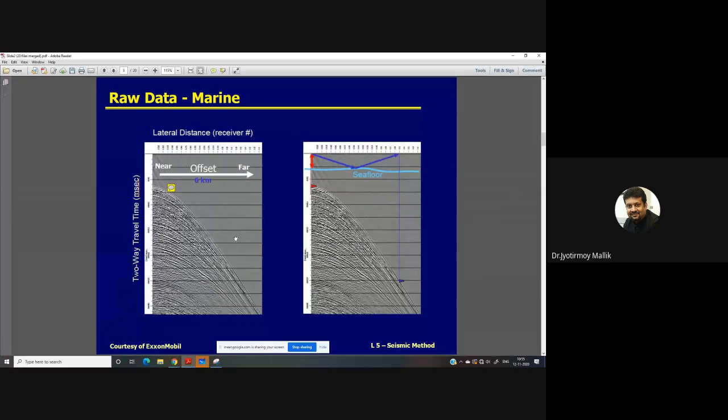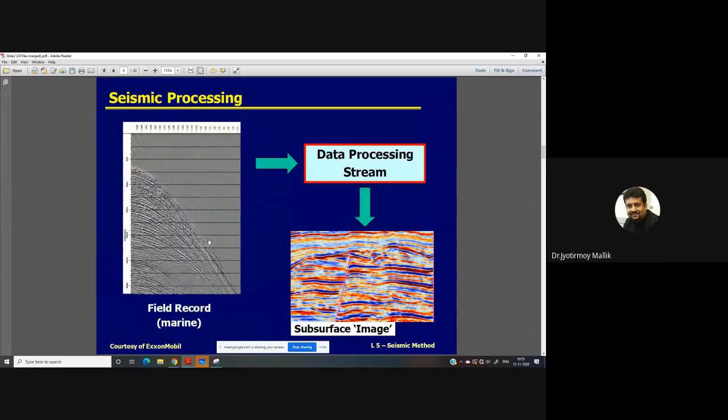So now, from this raw data that I have created by shooting seismic, I have to take it through a process which we call data processing and create the image of the subsurface, where the individual attitude of all the beds will be perfectly put into place.